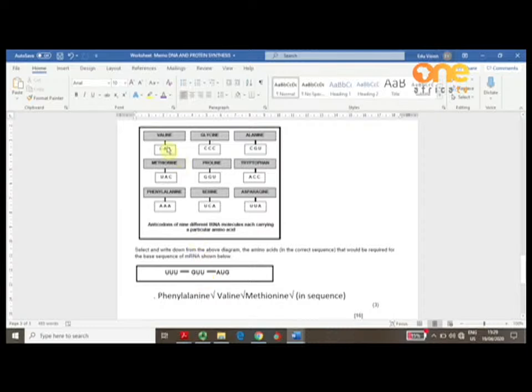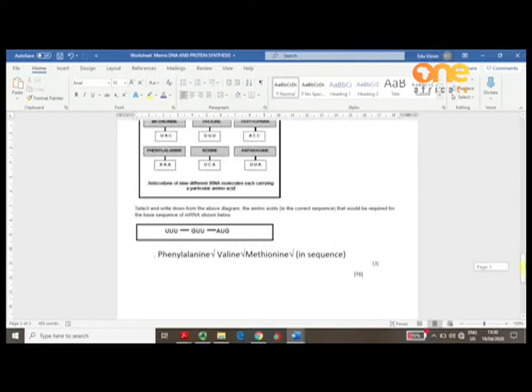And that will be valine. AUG on the mRNA. So the tRNA will be UAC. UAC, and there it is. And there we got the answers.